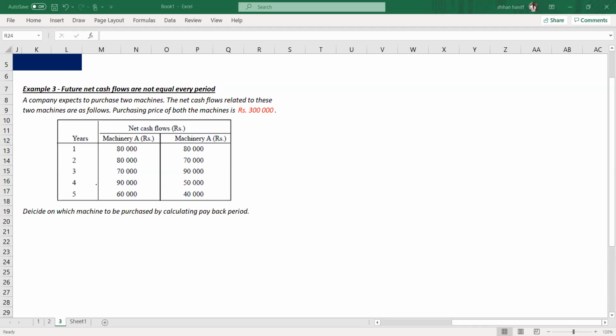So which machine will you purchase? Are you purchasing machinery A or machinery B based on the payback period?